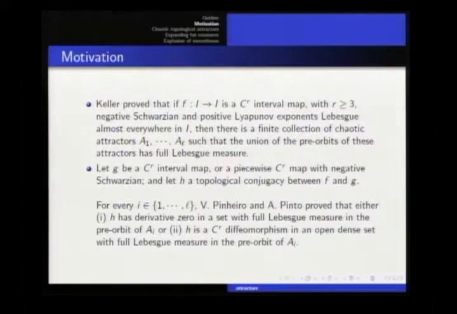If you use Keller, we know that for an interval map, now with negative Schwarzian and positive Lyapunov exponent, we have a finite collection of attractors. And so we can apply our result again to prove that for each attractor, either the conjugacy has derivative zero on a set with full Lebesgue measure, or it is a C^r diffeomorphism. So again, we get this dichotomy that I showed you before.